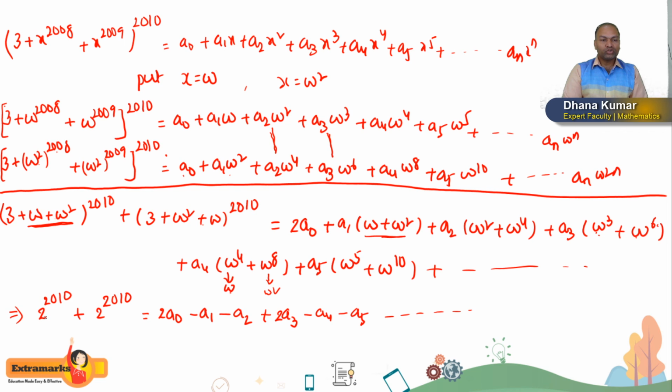Fine. Here 2 power 2010 plus 2 power 2010. It is just like x plus x. X plus x is 2x. Okay. After that, dividing both sides with 2, then 2x, 2 cancel. Correct or not? So answer will be 2 power 2010 is equal to, divide with 2 I told, so a naught minus a1 by 2 minus a2 by 2 plus a3 minus a4 by 2 minus a5 by 2 and so on.